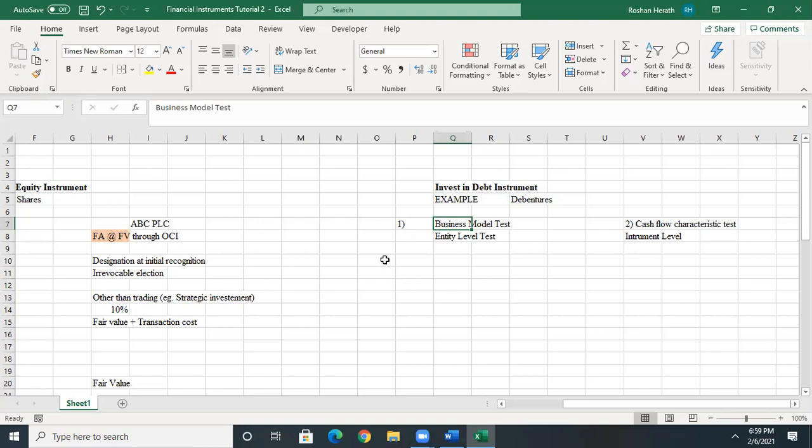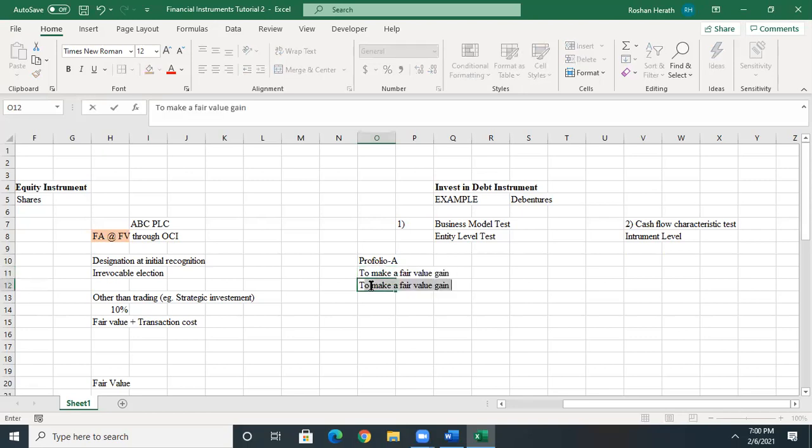The most common types of business models are these. There can be certain entities who would be holding a portfolio of investment, let's say portfolio A, for example. Their intention is to make a fair value gain. In other words, let's say it is with the intention of trading.